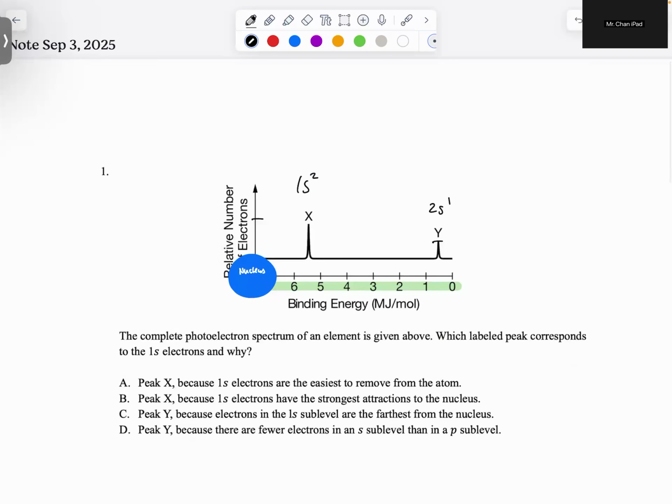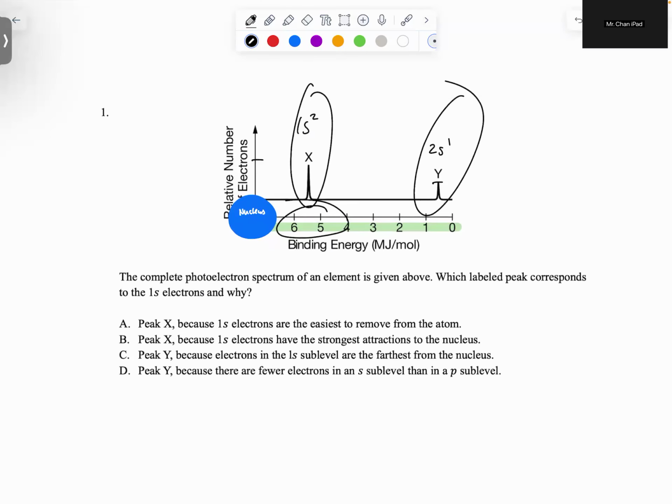So that's how we know that first one right there is 1s2. You know it's 1s2 because they are the closest electrons to the nucleus, and they must have the highest energy to remove them. Subsequently, anything farther away from the nucleus would require a lesser amount of energy to remove.